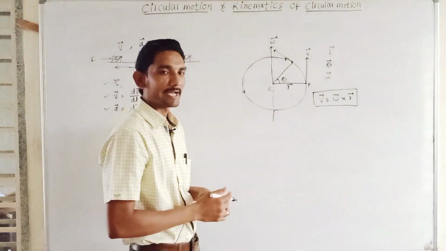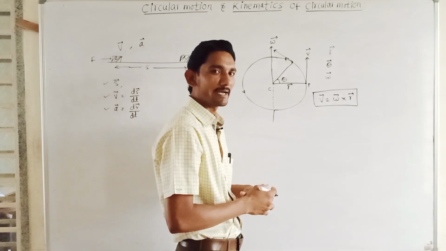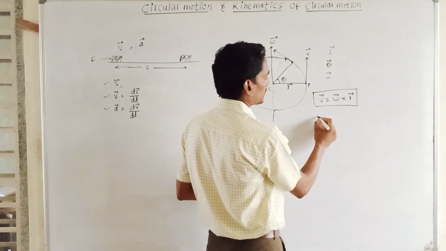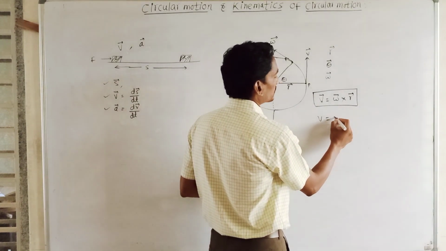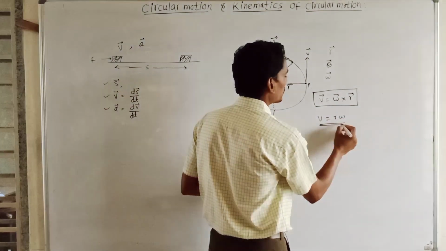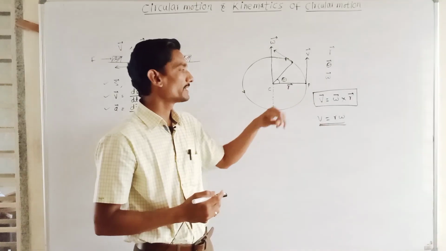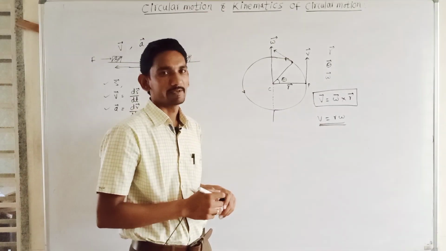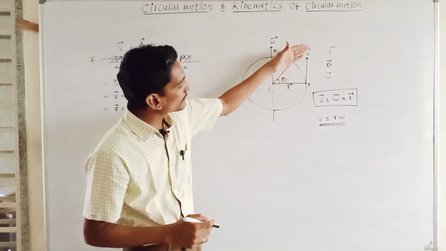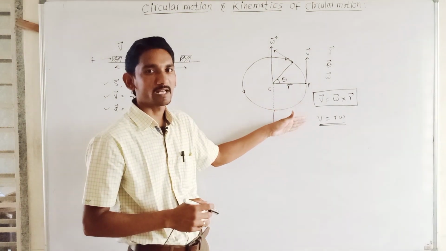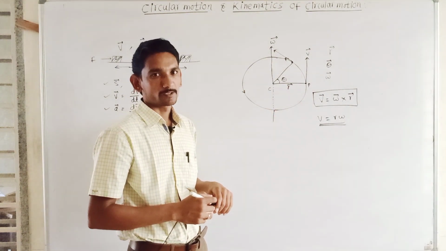If you want to determine the magnitude of linear velocity, we can write v equals r into omega. So this gives the magnitude. And in case of direction, we write v vector equals omega vector cross r vector. So these are the quantities that we have to describe for the circular motion.